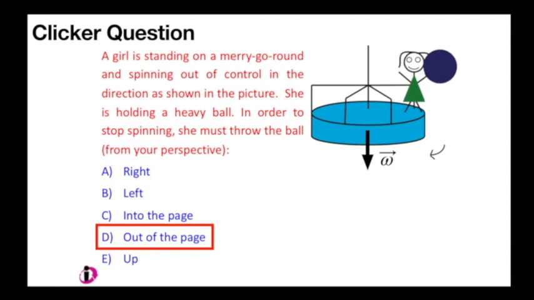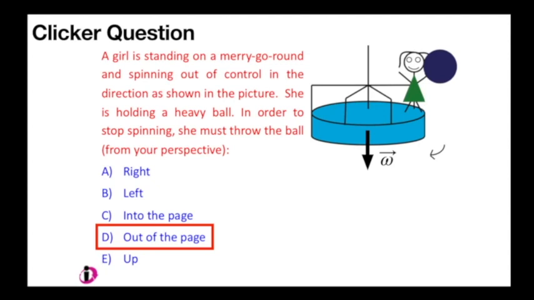If she throws the rock forward, the rock will gain momentum forward, and as a result, she will gain equal and opposite momentum backwards. So if she applies a force on the rock forward, the rock will apply a force equal and opposite backward. And so that will slow or stop her motion and the carousel's motion.